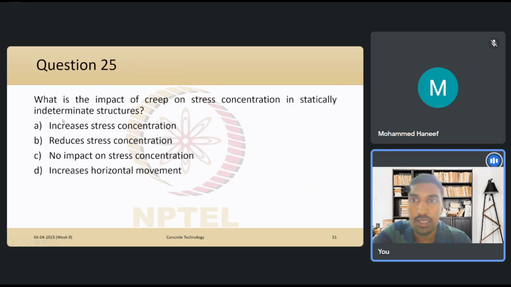Okay, question 25: what is the impact of creep on the stress concentration in statically indeterminate structures? The options are increases the stress concentration, reduces the stress concentration, no impact, and D is increases the horizontal movement.